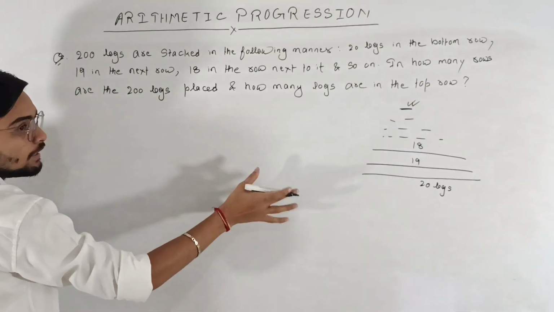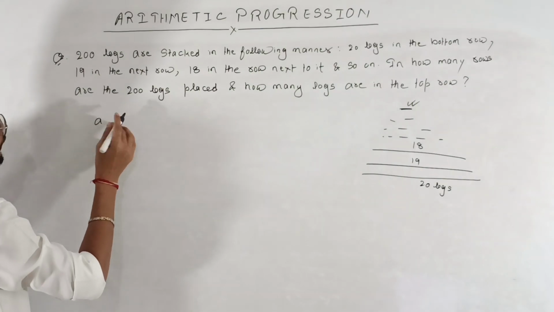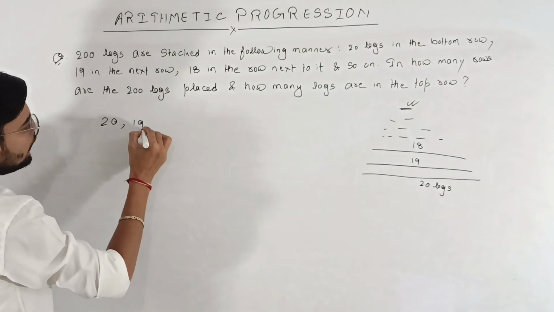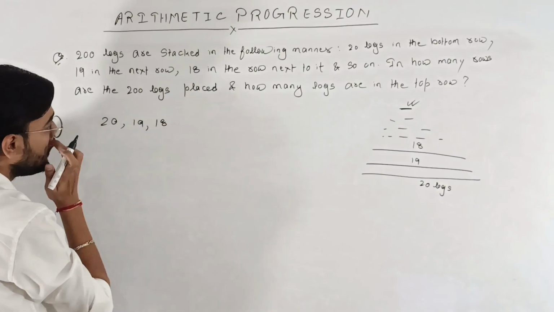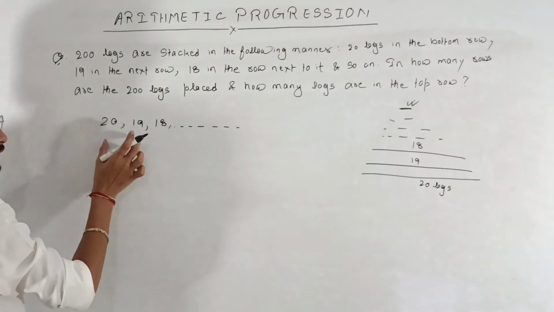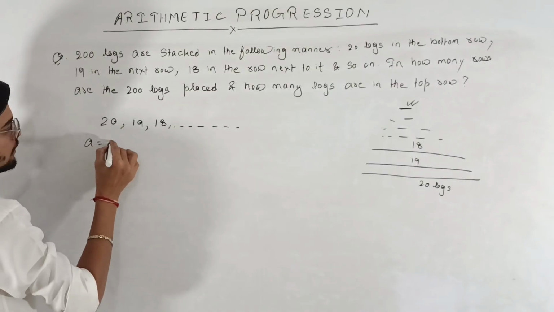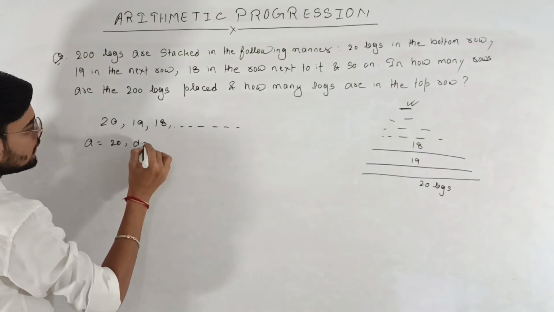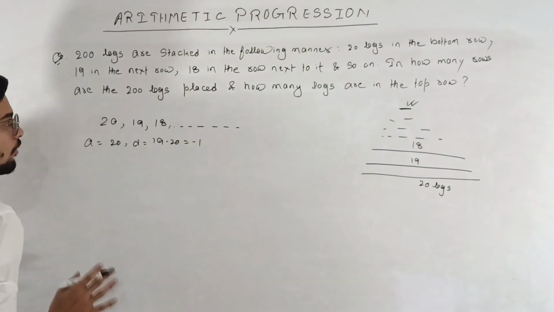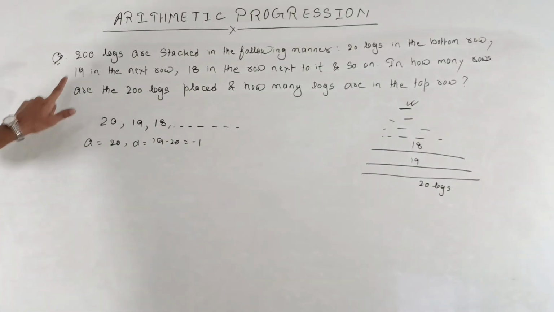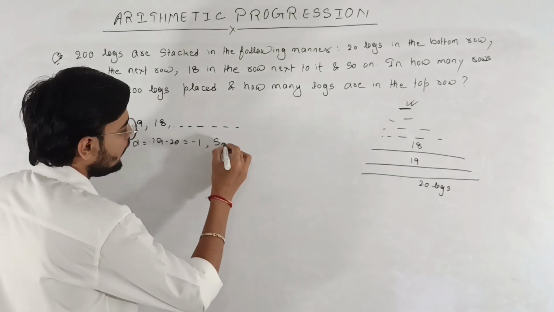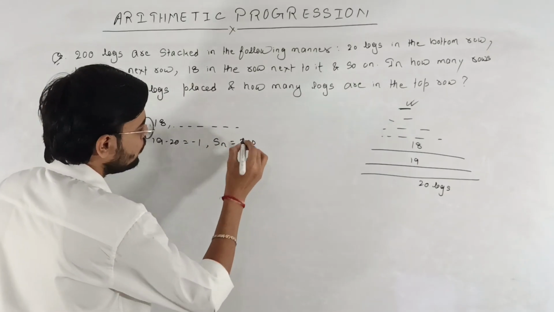This is in the form of an AP: 20, then 19, then 18, and so on, in which a is 20 and d is 19 minus 20, which is minus 1. And the total is 200 logs, which means Sn is equal to 200.